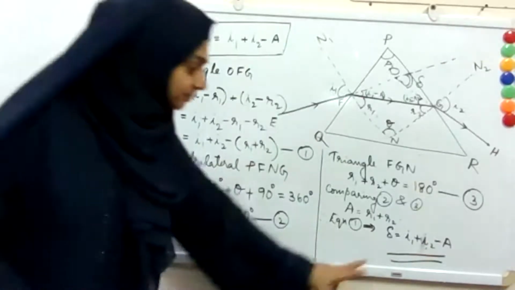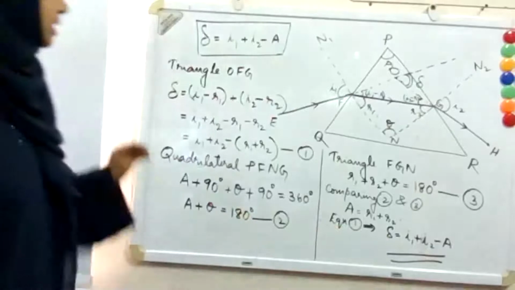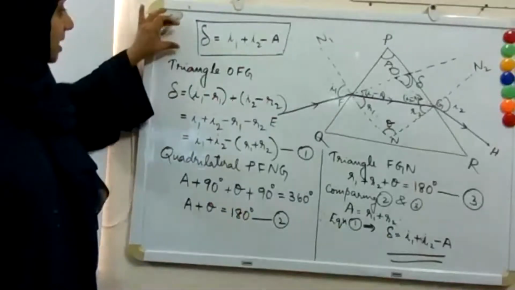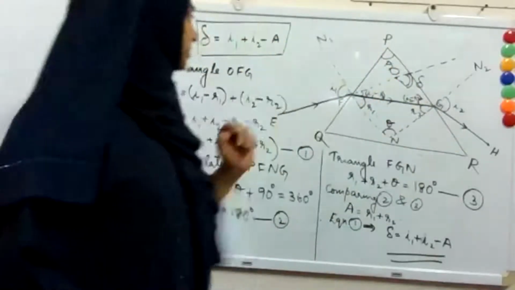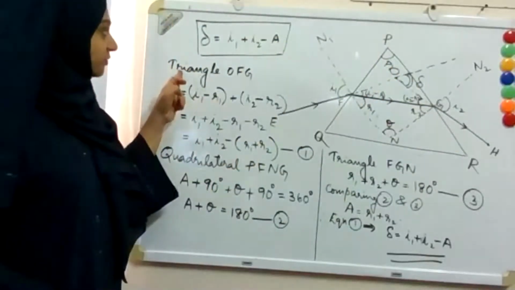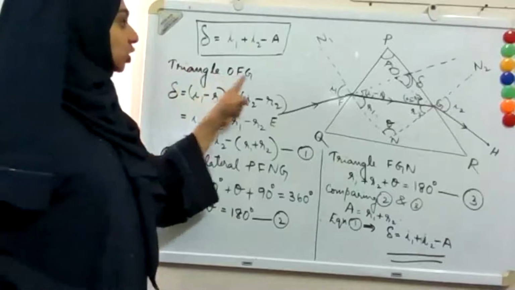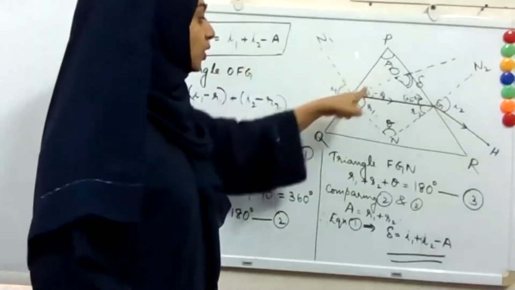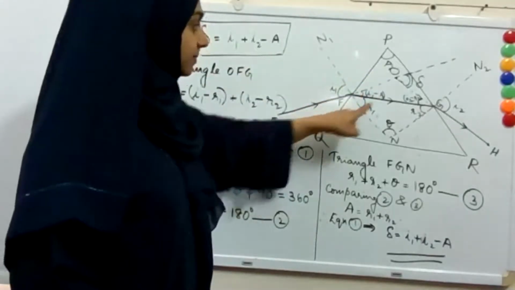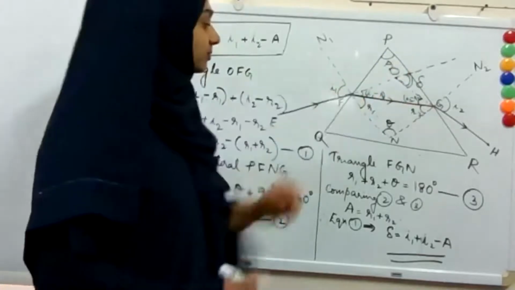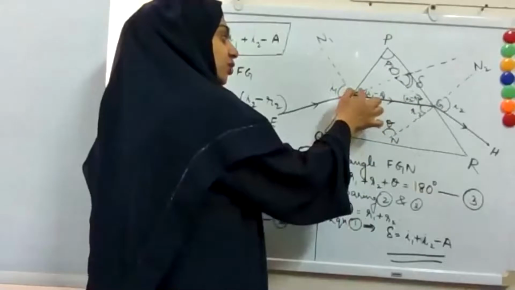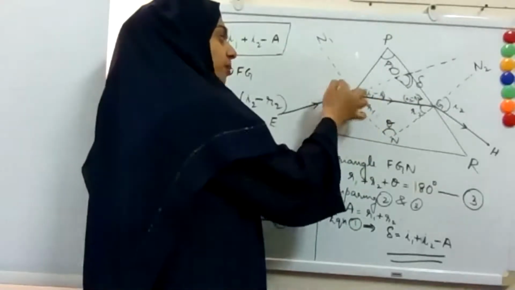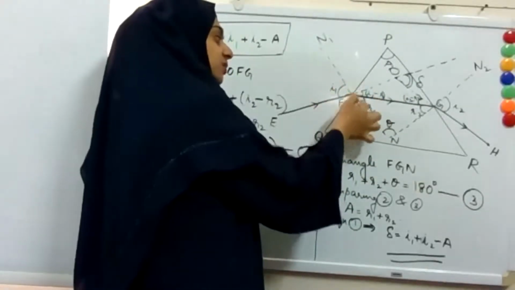Yes, teacher, clear. Okay. So we are deriving this expression considering the refraction of light through a prism. What we did was we first consider the triangle OFG. So here, this angle is equal to I1 because it is opposite to this I1.